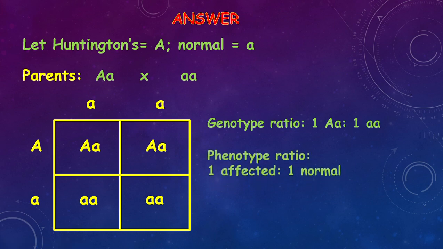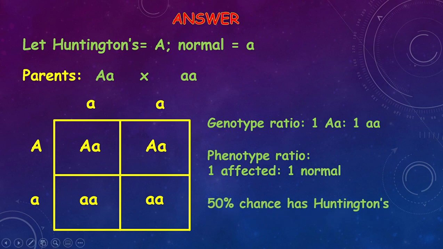Phenotype ratio is 1 affected is to 1 normal. Not 2 to 2, lowest common denominator, 1 is to 1. Which therefore means that the probability question is that there is a 50% chance that the offspring has Huntington's. It's half a chance because you just need one of them. It's a dominantly inherited disorder. Yes, we do deal with dominantly inherited disorders.